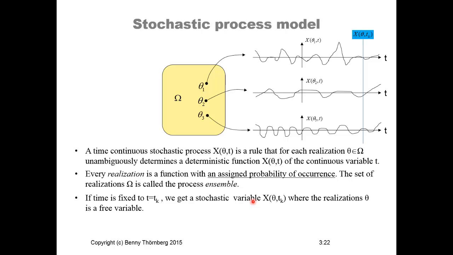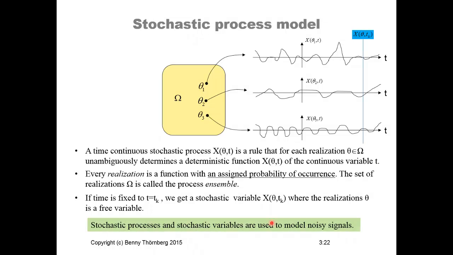So this is explaining the basics of a stochastic process model and its relation to a stochastic variable. Could be good to know. And stochastic processes and stochastic variables are often used to model noisy signals. That's why we pay attention to this.